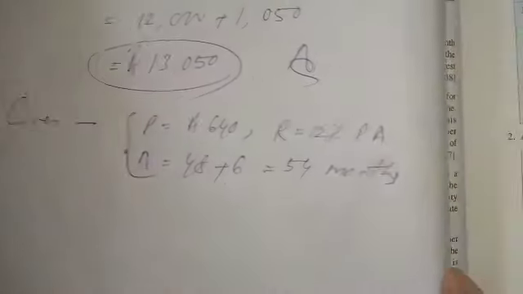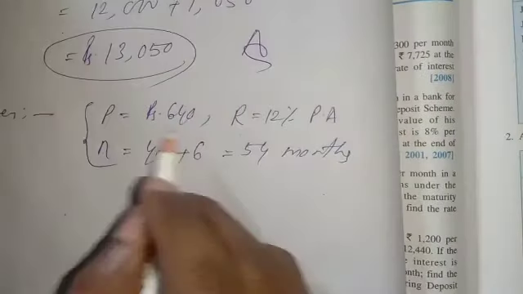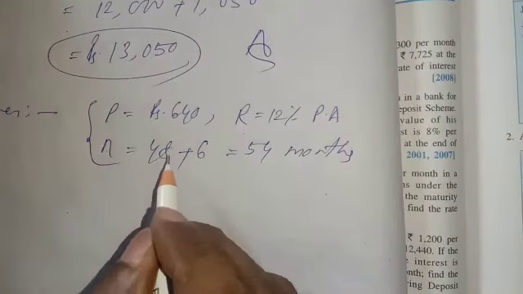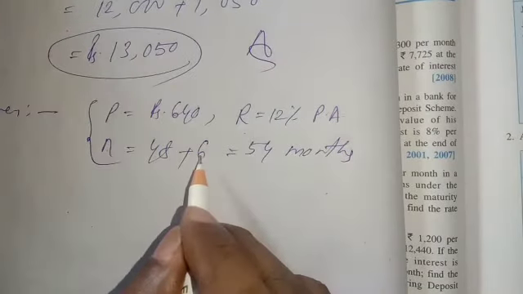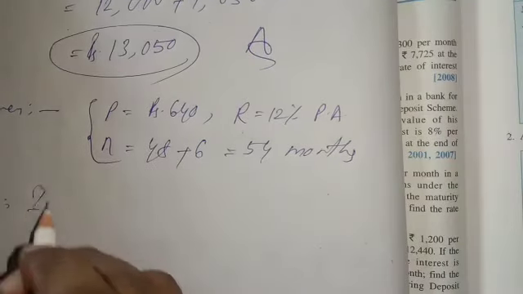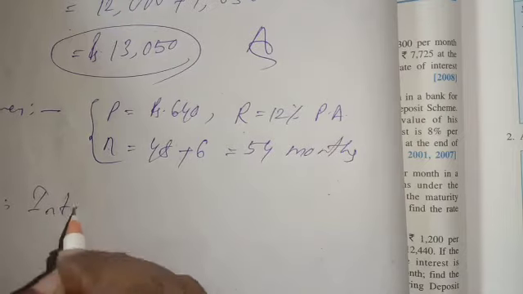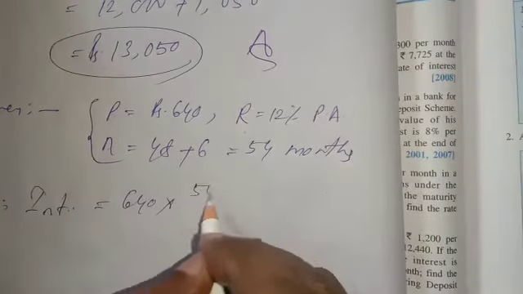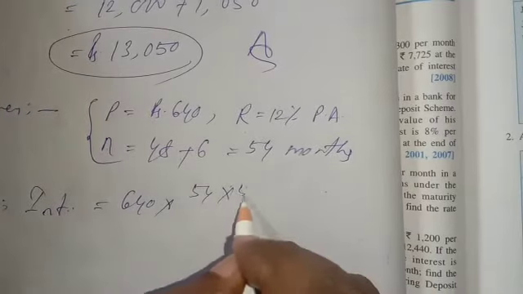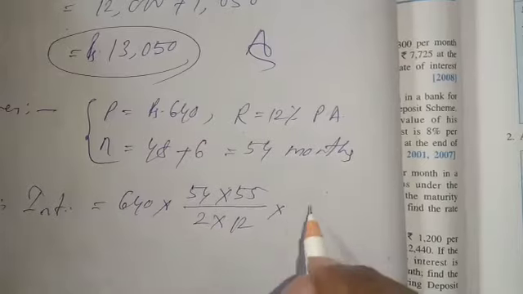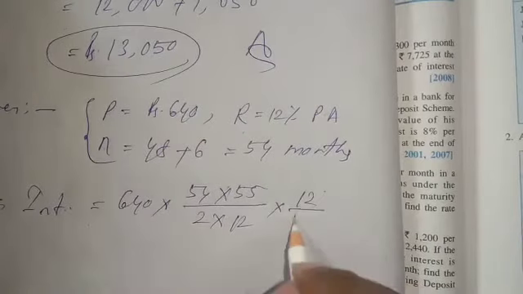P equal to 640, R given 12%, n equal to 4 years, 12 times 4 is 48 months, plus half means 6 months, 48 plus 6, 54 months. Therefore, interest is equal to P, that is 640, into n, that is 54, into n plus 1, that is 55, by 2 into 12 into R by 100. R means 12 by 100.